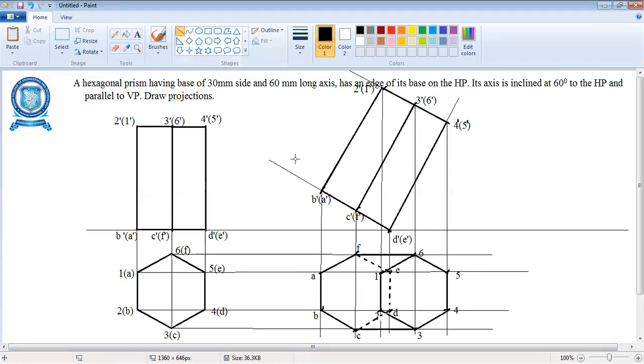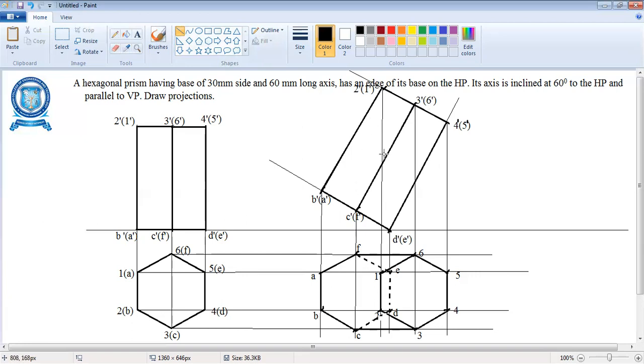The last step is to darken the longer edges. When we see from the top, the visible edges are 1A, 2B, 3C, and 6F. The invisible edges are 4D and 5E. For the invisible edges, we mark hidden lines; for visible edges, we mark darker lines.